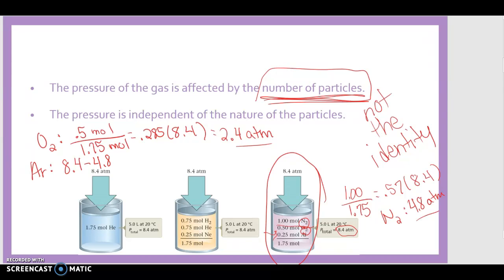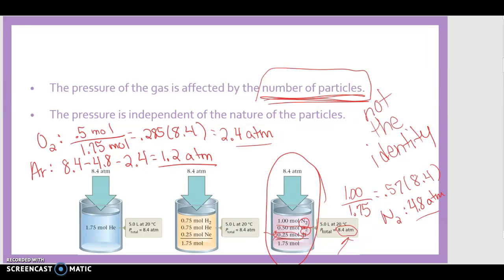So 8.4 minus 4.8 minus 2.4 gives 1.2 atm for the argon. And the other way that we could do it is the parts of a whole: taking 0.25 over 1.75, figuring out what percentage of all the molecules are due to argon, and then multiplying it by that 8.4.